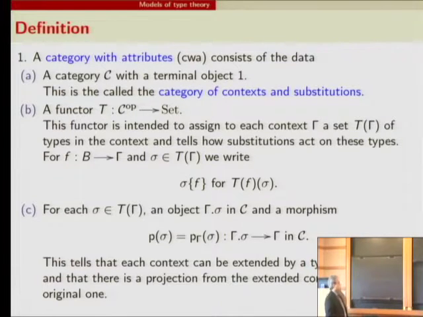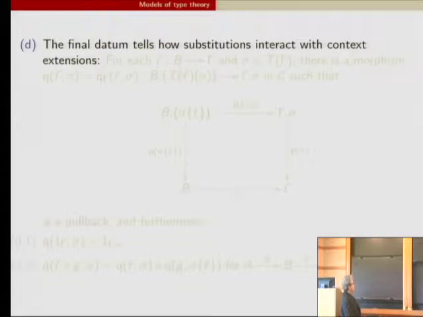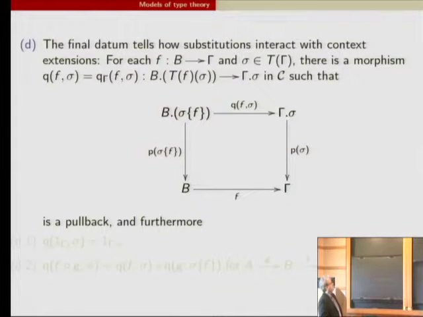We also have to tell how these substitutions interact with context extensions. This will be a pullback square of this kind. Here we have a context extension and an arbitrary substitution.